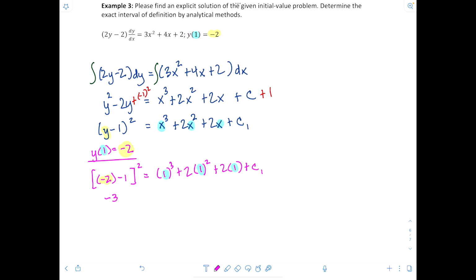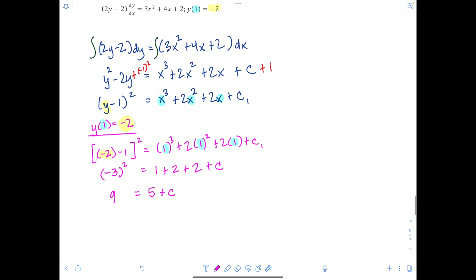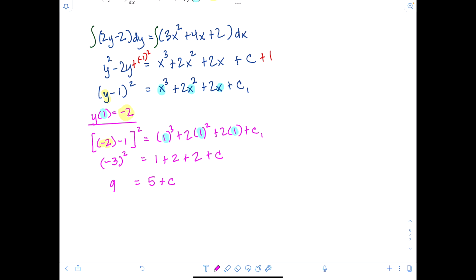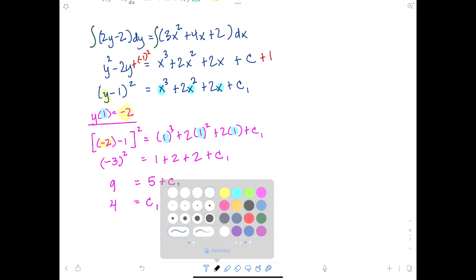So we'll get negative 3, the quantity squared, is equal to 1 plus 2 plus 2 plus C1. 9 equals 5 plus C, subtracting 5 from both sides of the equation, we'll get 4 is equal to C1. Now, back substituting it back in, okay?